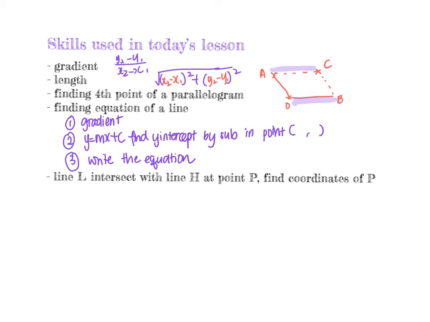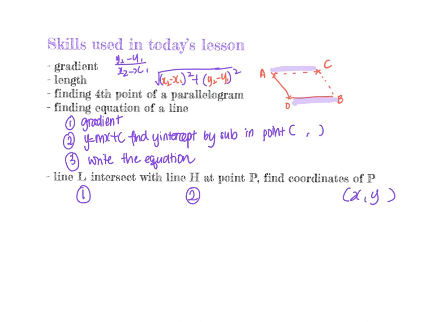And one last part of it, which we just finished earlier on, is to find the point of intersection, the coordinates. So if I have a line L, which is one equation, and a line H to be another equation, so this line L will be equation 1, line H will be equation 2. I need to find a point P. Coordinates of point P comes in x and y number.